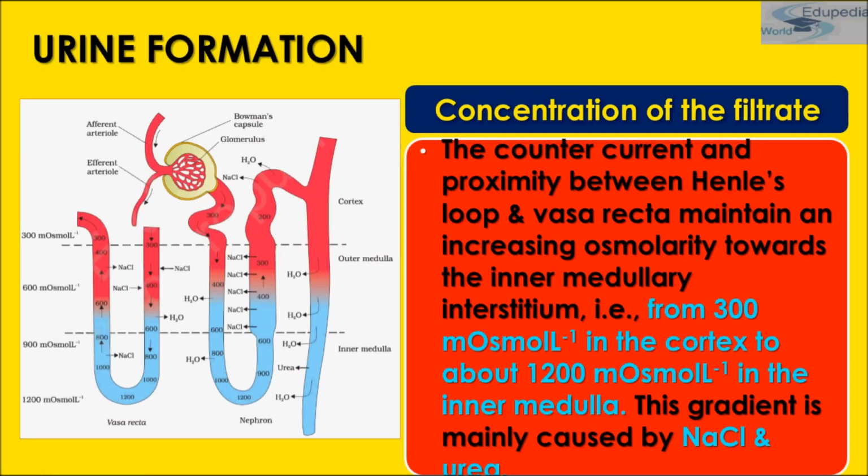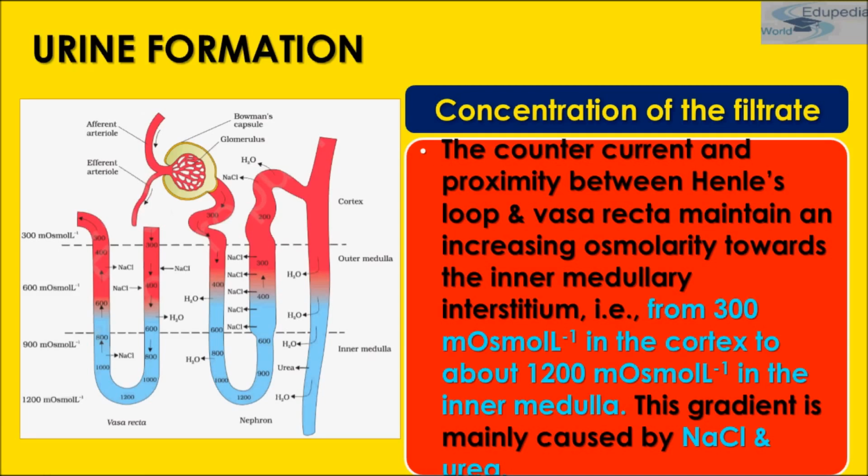Now coming to the descending limb of the vasa recta: it has walls with water channels, that is aquaporins, and the ascending vasa recta has endothelium with wide gaps between cells that allow rapid diffusion of solutes.